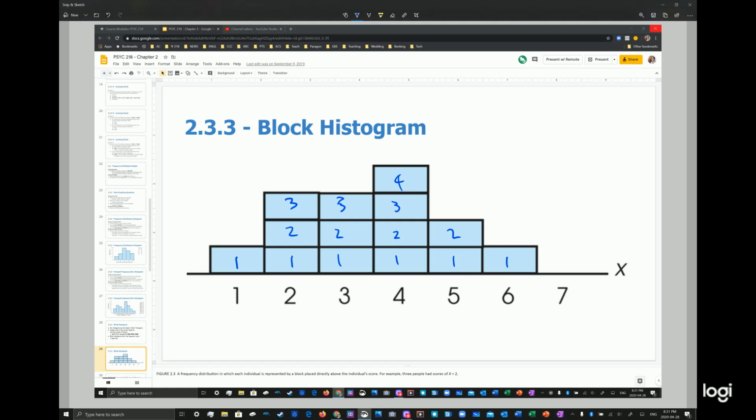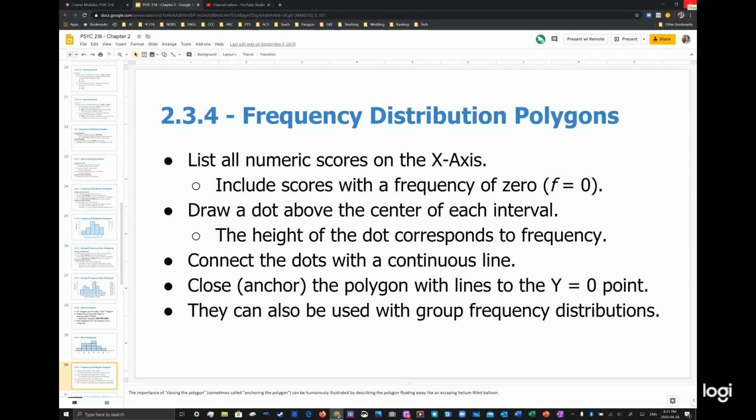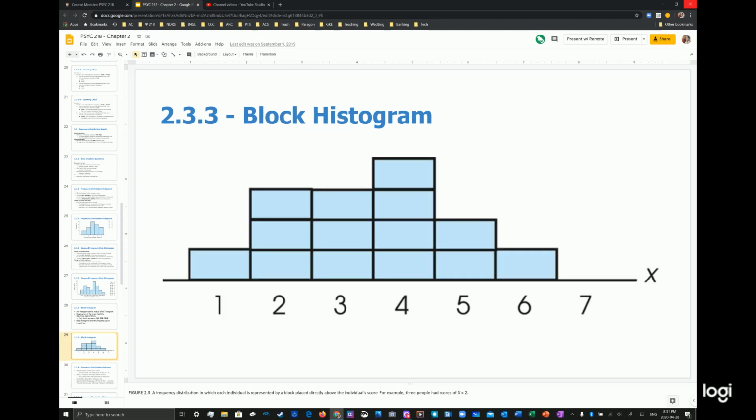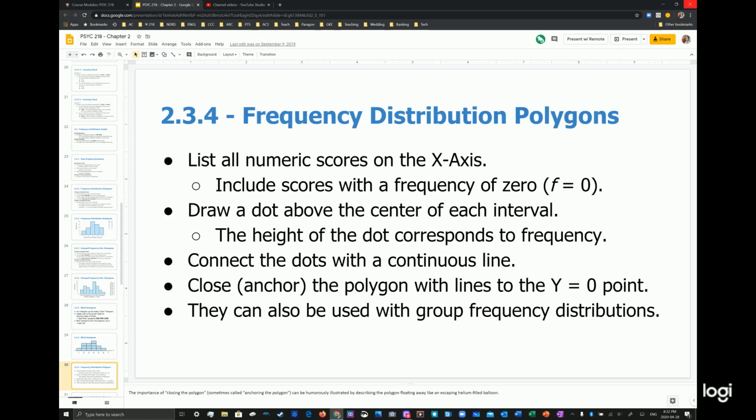Even if it was not a block histogram, you can still calculate n fairly easily by measuring the height of each bar by the y-axis and adding up all those frequencies and getting the total that way. The disadvantage, before I go on to the next slide, with block histograms is that if your frequency counts are high, let's say you have anything 10 or over, you're going to have a hard time counting the blocks, let alone drawing them. So keep those in mind. Generally, we draw just regular histograms for continuous variables.